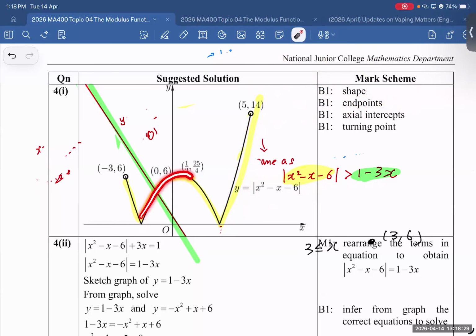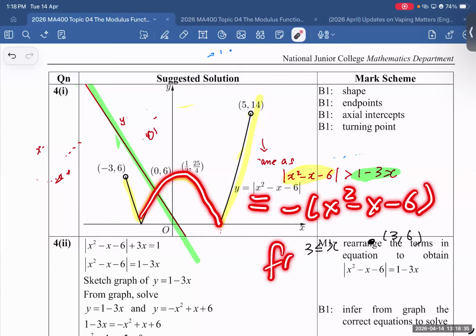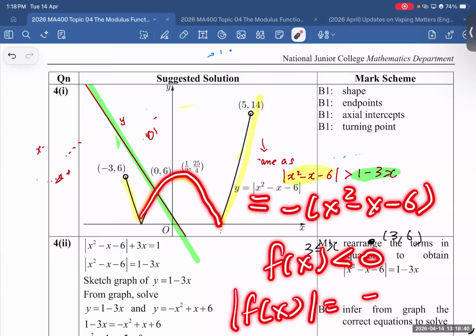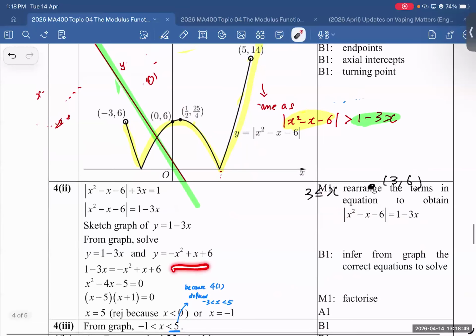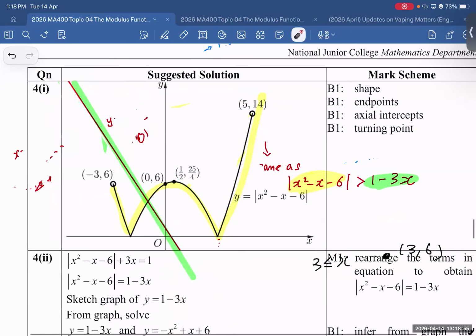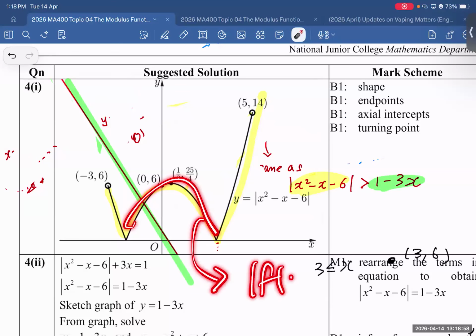This portion here is equal to negative of x squared minus x minus 6, because f(x) is less than 0. Modulus of f(x) is equal to negative of f(x). That is why I take the negative. Thanks for mentioning this, I forgot to talk about it. So at this portion where it's modulus, mod f is equal to negative f.